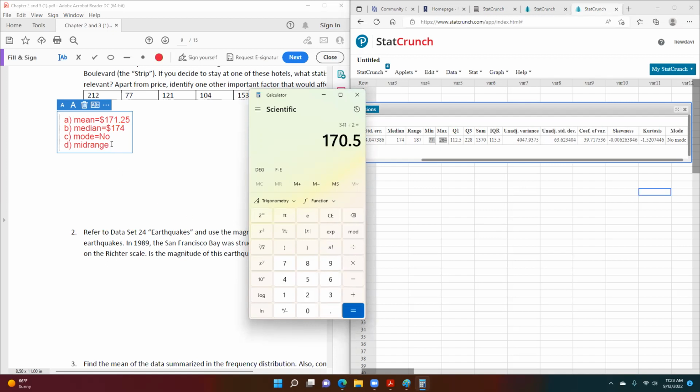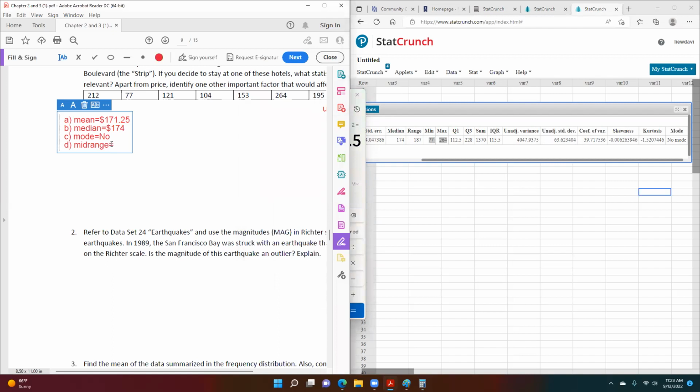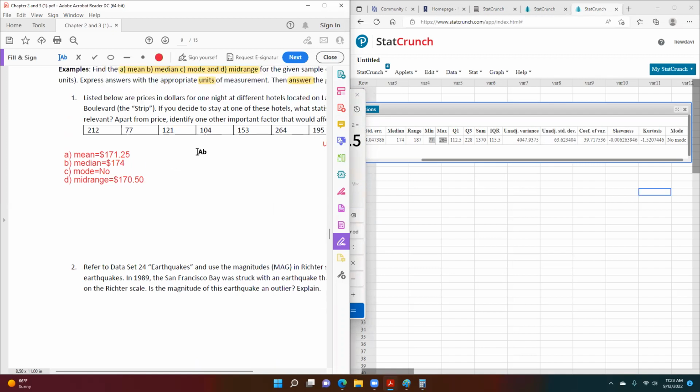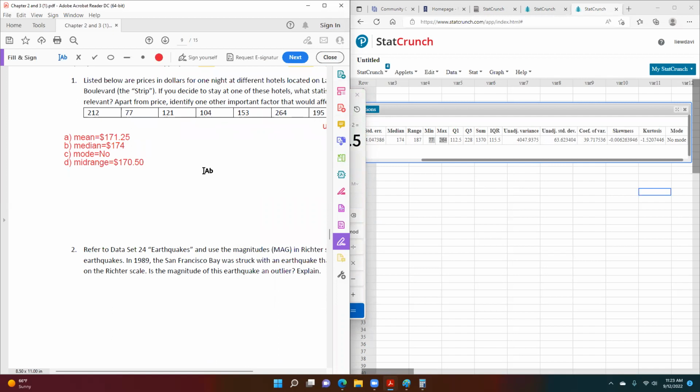This is 170.5. So this is how we find the mean, median, mode, and mid-range using StatCrunch, which I highly recommend you do.